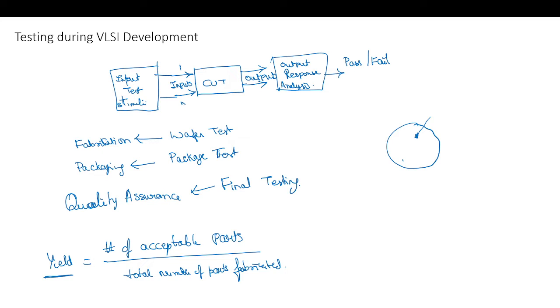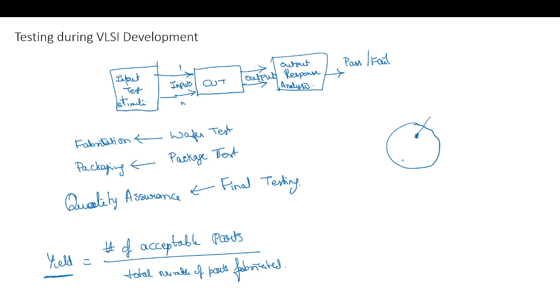Yes, this I just briefly described. We have any circuit, and we need a set of test stimuli which will be required to test this circuit under test. We apply that to the circuit under test, we obtain some output, the response, and analyze it to say whether it has any fault or not.